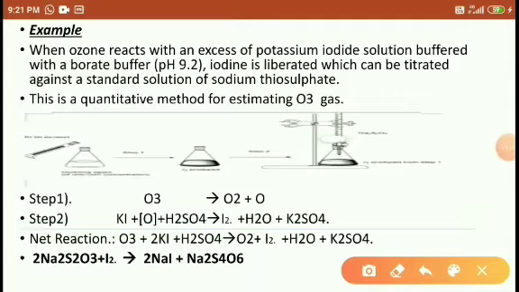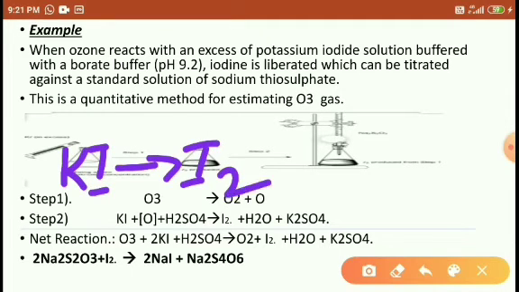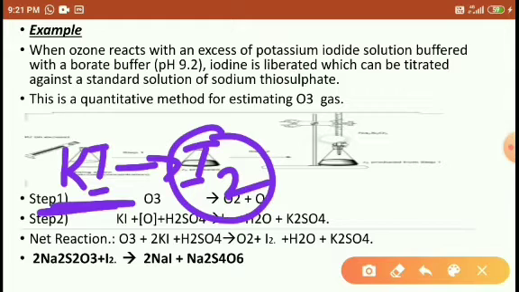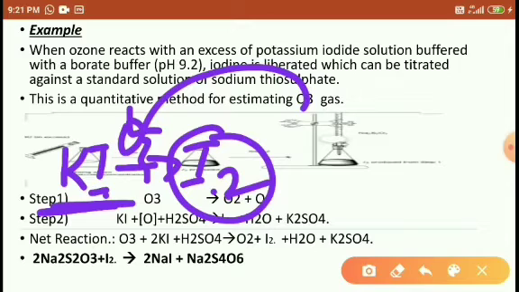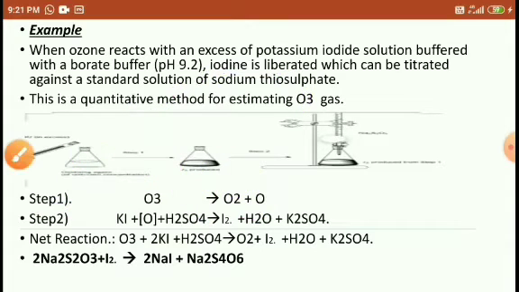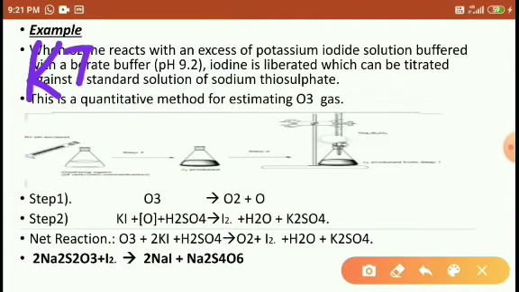After this process, you want to know how much amount of iodine molecules are liberated from KI. We want to determine how much iodine is liberated from KI. How is it liberated? With the help of ozone, right? Or you may write it like this: the KI liberates the iodine molecules.